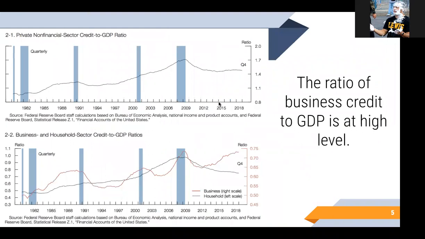The second thing I have to say is please be cautious on the actual data you find. Make sure you know what you're finding. What they have here is not a chart that shows the percentage of debt they took out, or debt to GDP. It's the credit to GDP ratio.